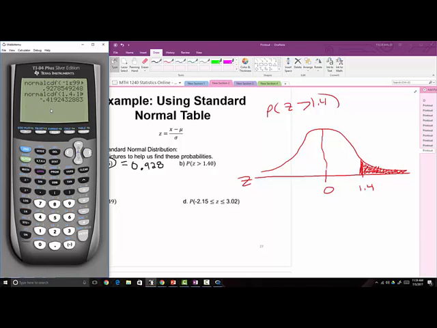So whenever you find a probability, right, that should be in between 0 and 1. So whenever you get a p-value, that should be in between 0 and 1. So immediately when I see this is a negative value, something went wrong, right? So let me see what went wrong here.